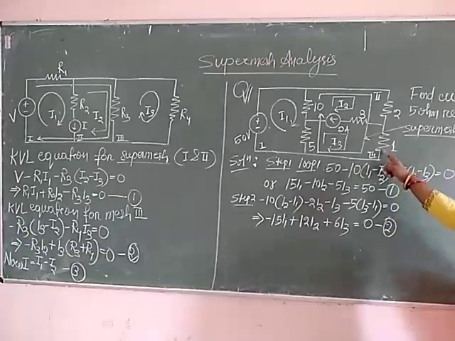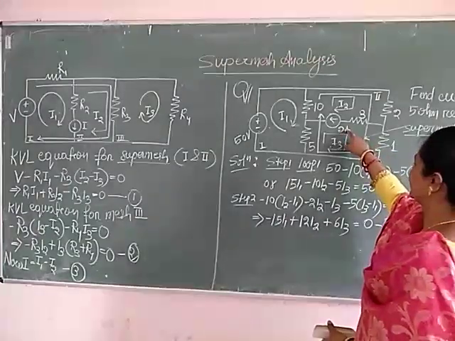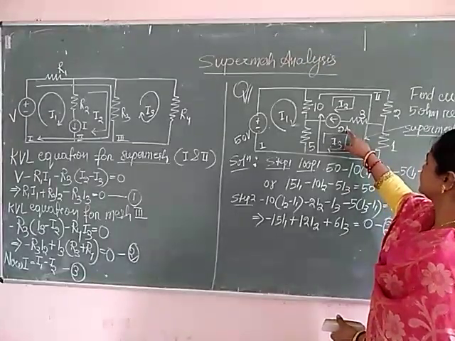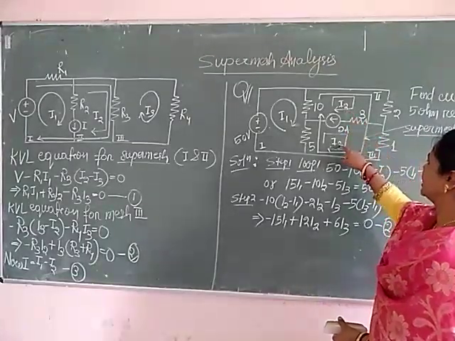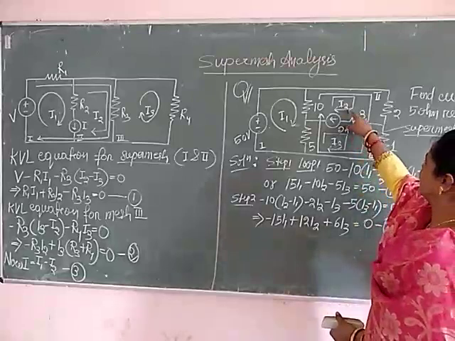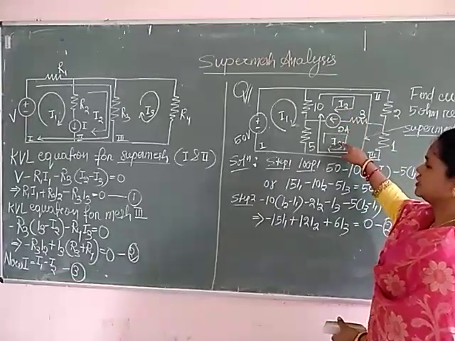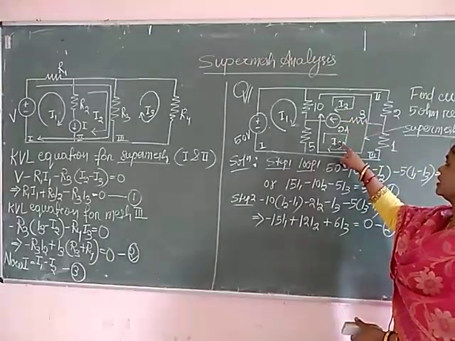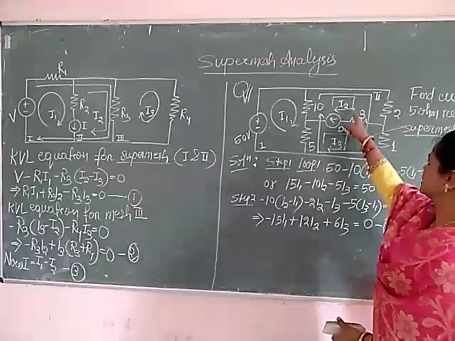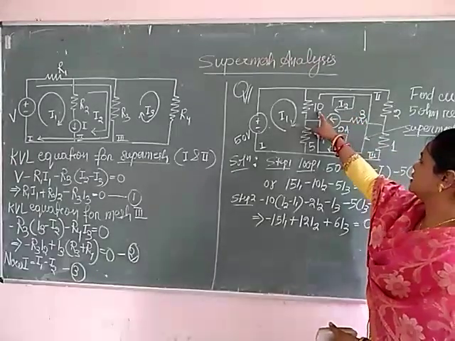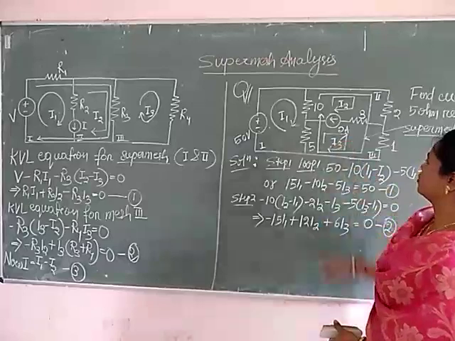Now from this circuit, this 2 ampere source is the resultant current of I2 and I3 both. I2 and I3, these two are opposed to each other. They are in opposite directions. This is in this direction, this one forward direction.